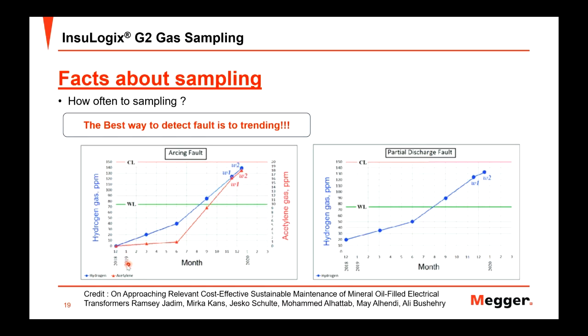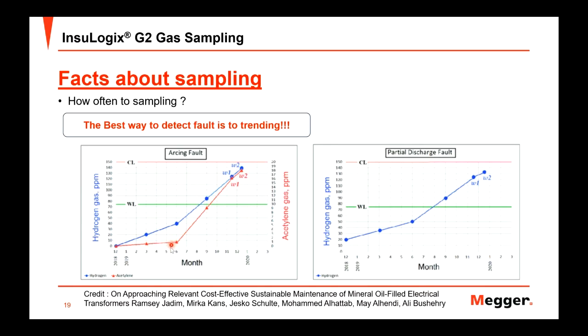After 2019, you can see the increase of the acetylene here, but it is not enough to alarm you. Hydrogen, yes, of course, from 8 ppm to 20. I don't think you will shut down immediately or trip the transformer yet, because the increase is still normal, still not high enough.